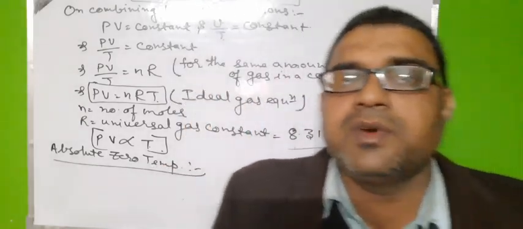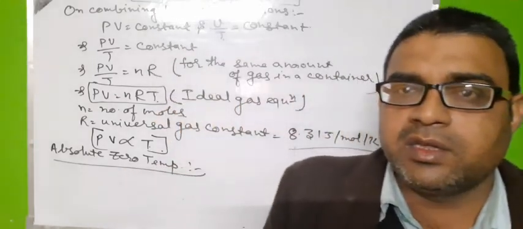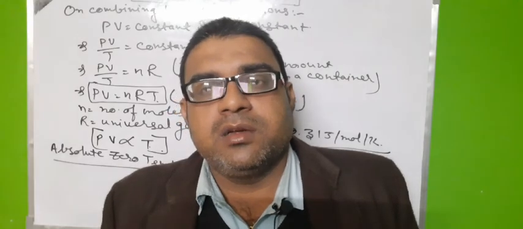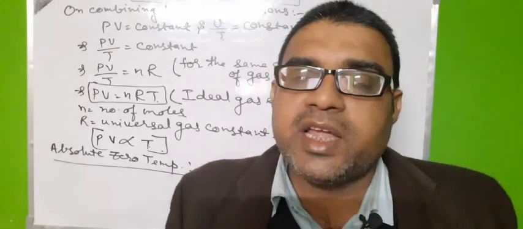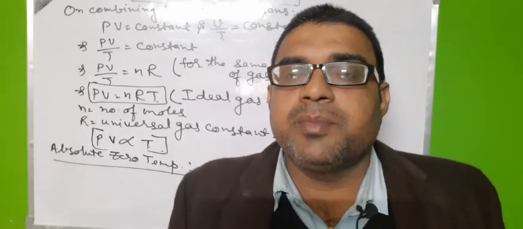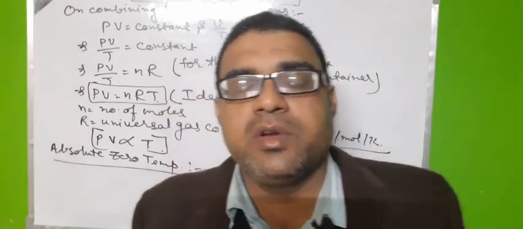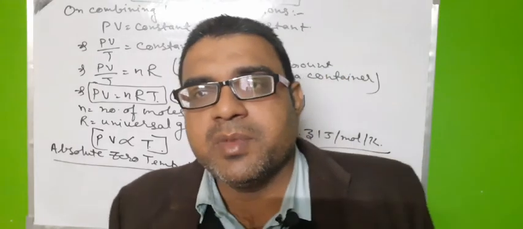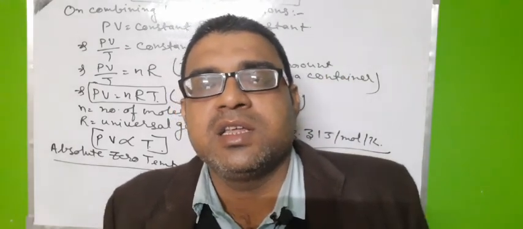However much you want, you can increase the temperature of a gas, but the lower temperature of the gas is fixed, and below that you can't decrease the temperature of the gas. That minimum limiting temperature of the gas is called the absolute zero temperature.